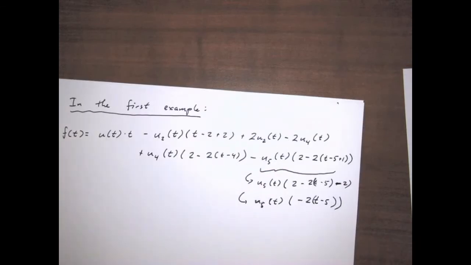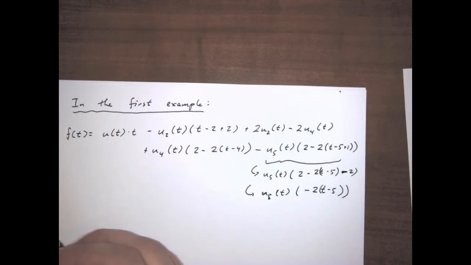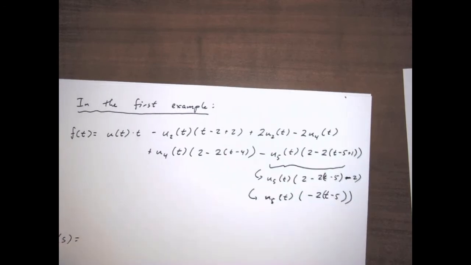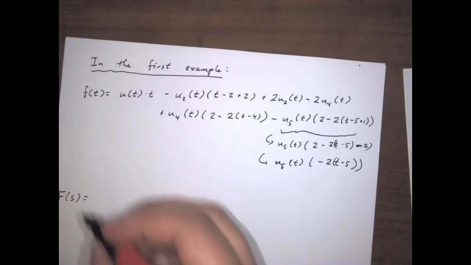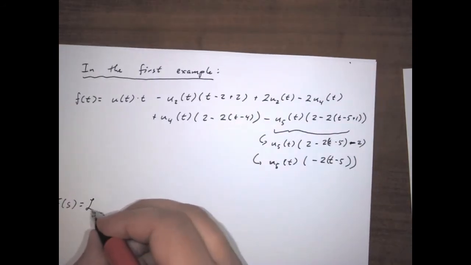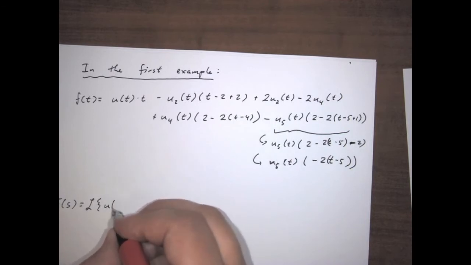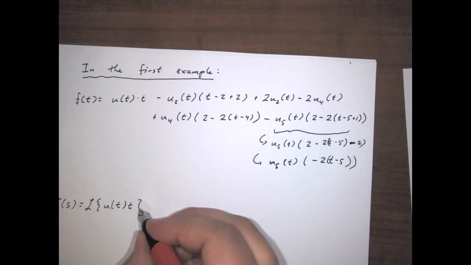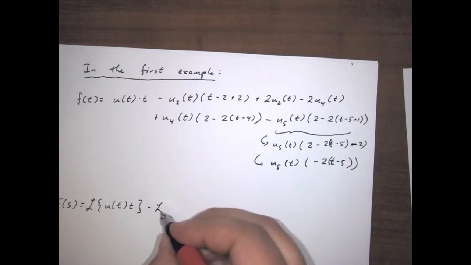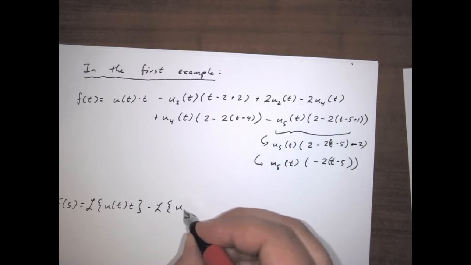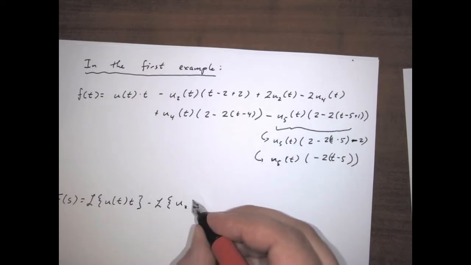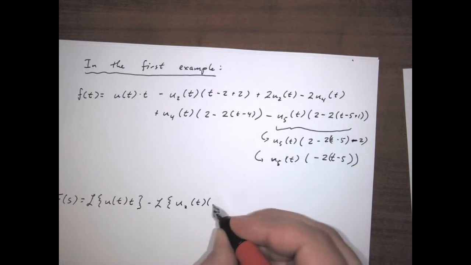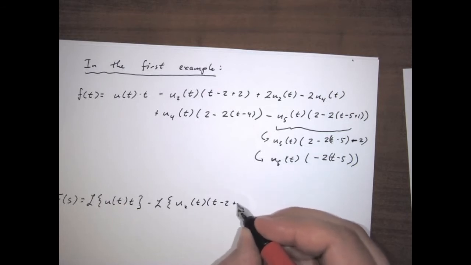So then what we will have is a collection of shifted functions. That means that F(s) is going to be the Laplace transform of u of t times t, minus the Laplace transform of u2 of t times t minus 2 plus 2.